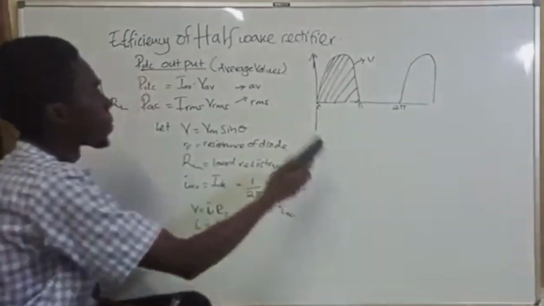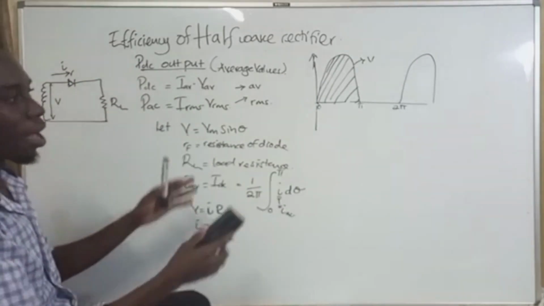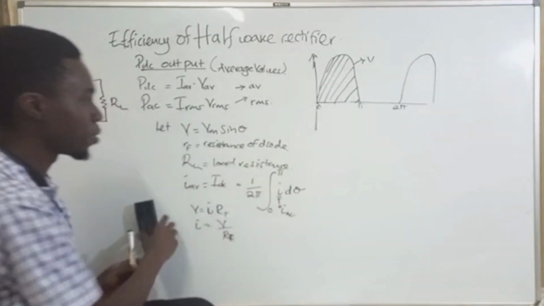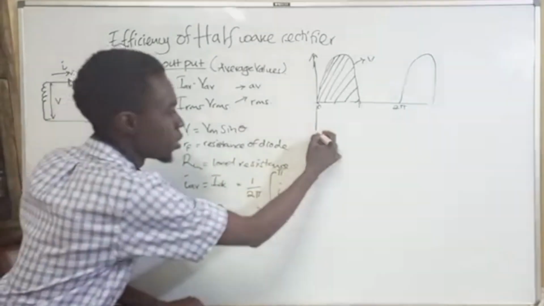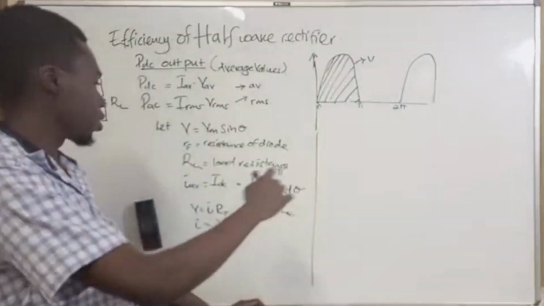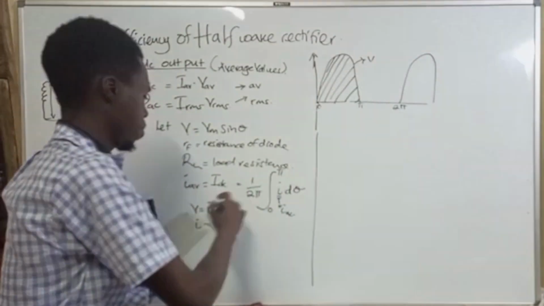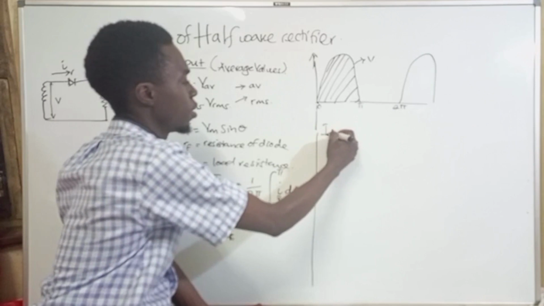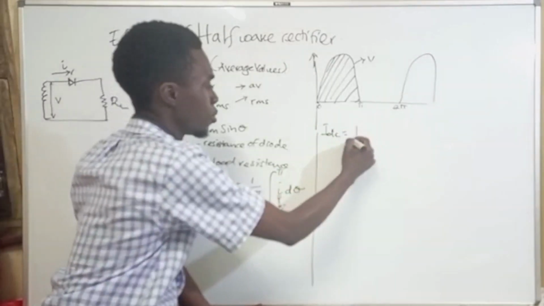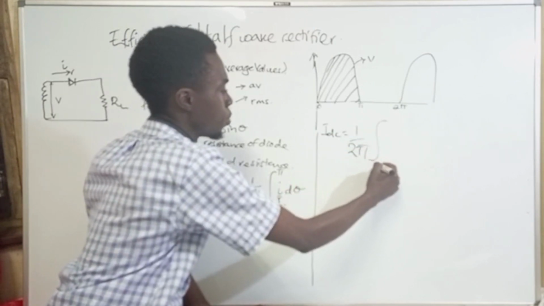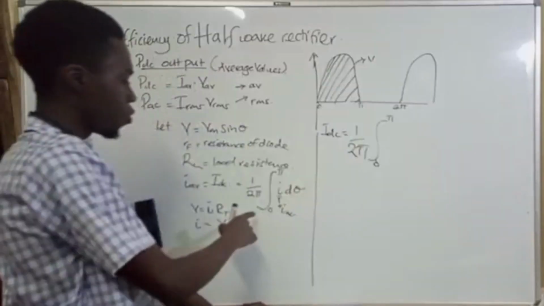So, and now at the moment I don't have the liberty to write all the other side, but anyway, let me try to elongate and write that side. I hope that side is also clear. So my average value of DC current, I DC, is going to be just simply 1 over 2 pi times the integral from 0 to pi of i.